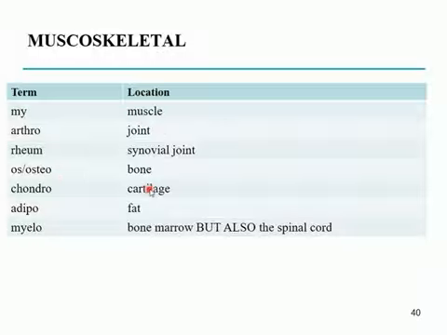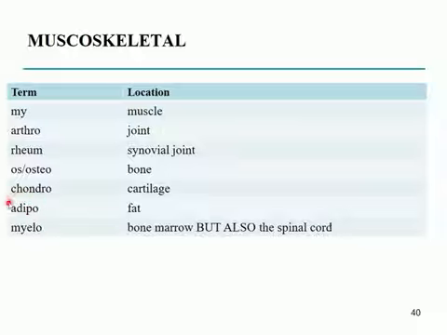Os or osteo, the bone. Chondro, cartilage. Cartilage is what gives most of the shape to your nose. It's the stuff which joins your rib to your sternum. You find it in your joints, like the knee joint and the elbow joint.